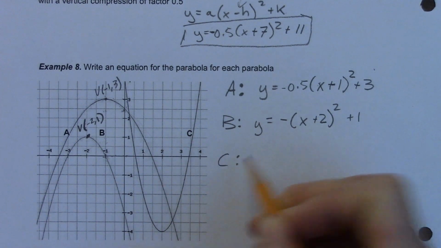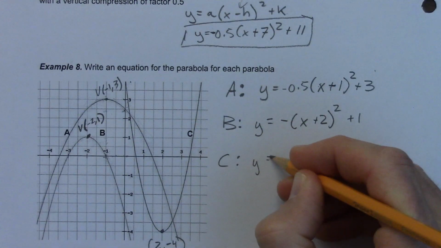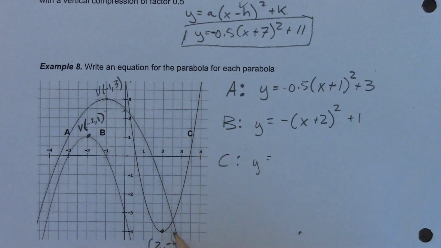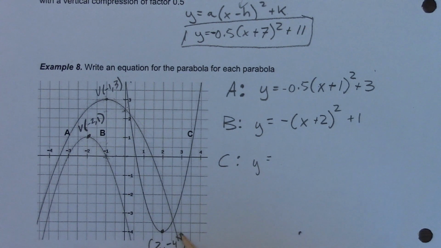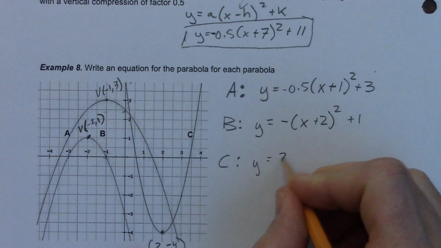And C, Andrew. Y equals 0.5. Let's see. Go over 1 and you're going up 1. Over 1? No, you're going, sorry, over 1, up 2. -2. Nope. 2, yep.